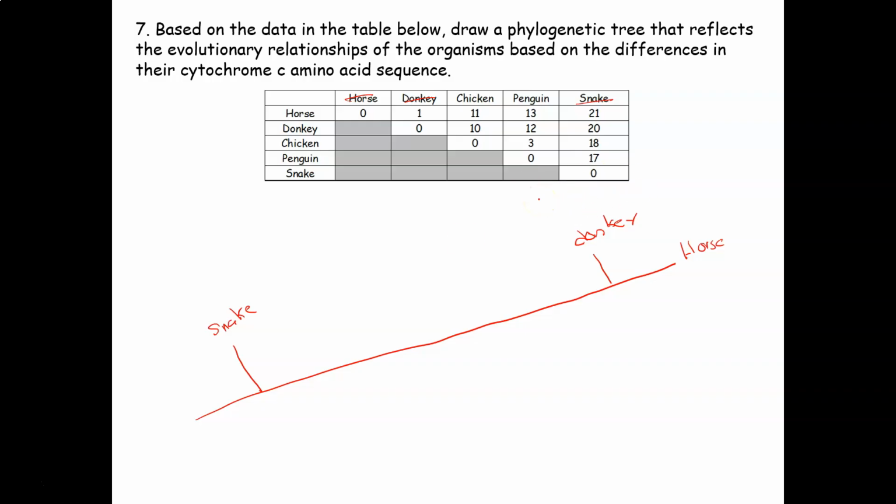He should be close. Moving down the table, the next biggest number is the chicken, so that means chicken is going to come next. And then your penguin comes here. We've taken care of all the species, so we're done.